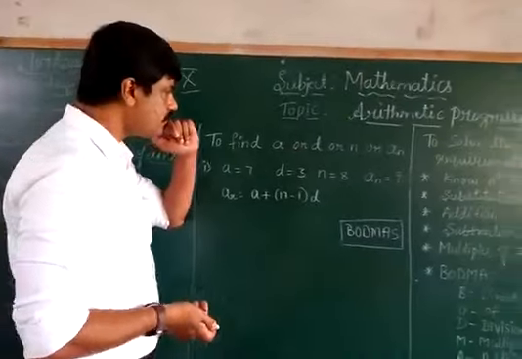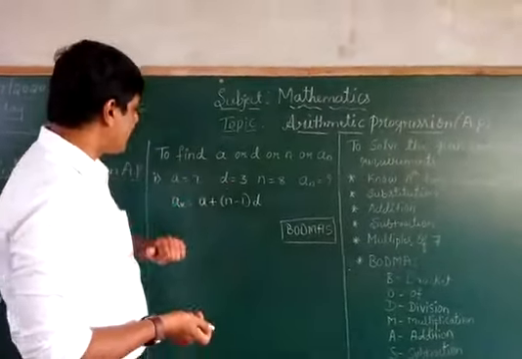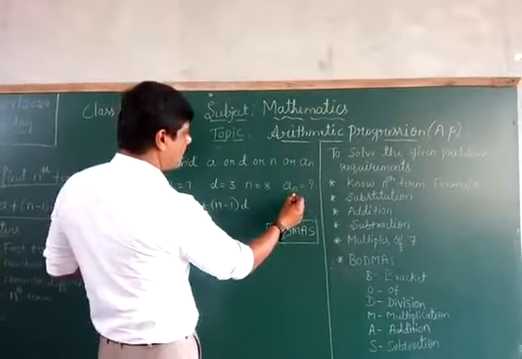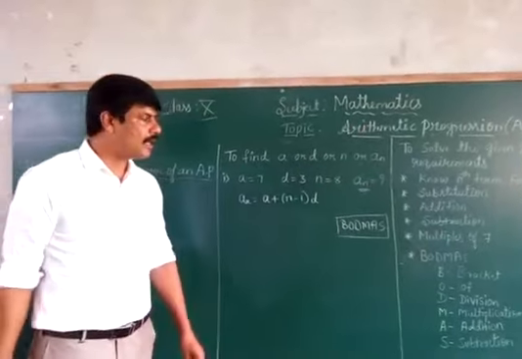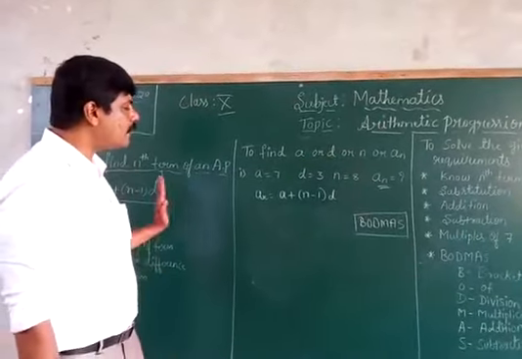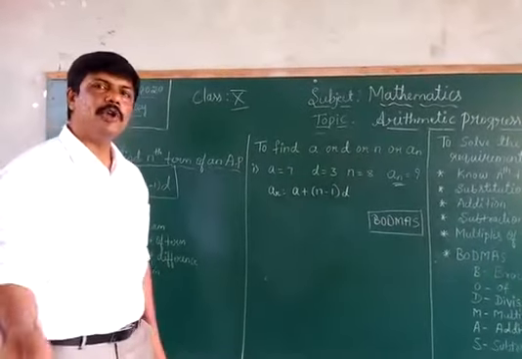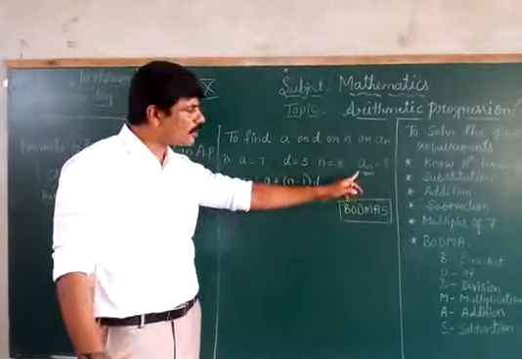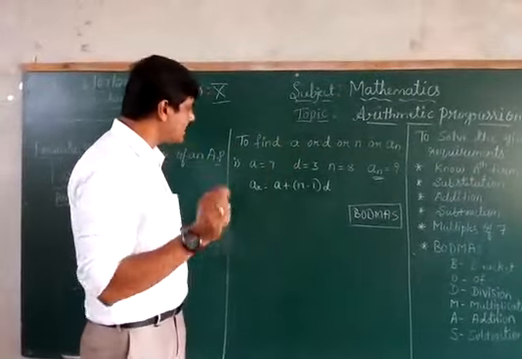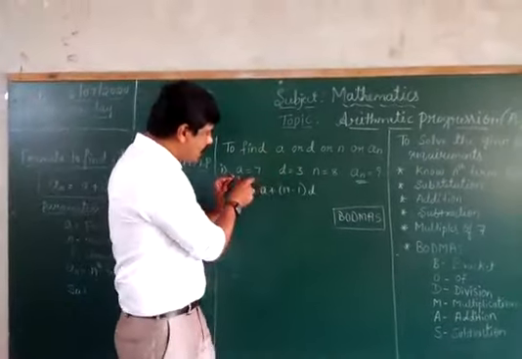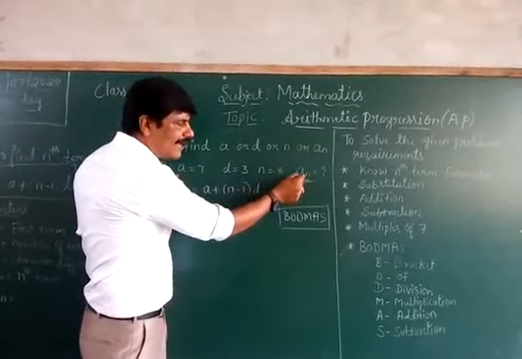First, we will find what An is. Now see, according to the formula, there are 4 parameters. So if you know 3 parameters, then the 4th parameter you can find. Here it is asked, you can see, what is the value of An.